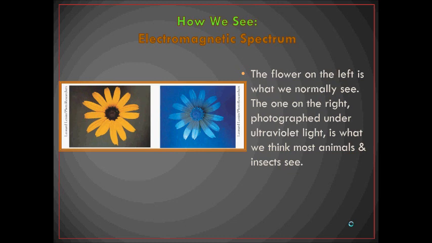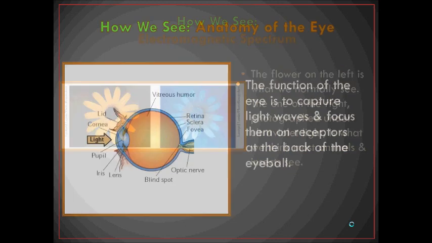You can see there's even a ring around the flower that hardly exists on the flower on the left. So not only can animals and insects perhaps see things with increased detail, but the trade-off is that their range of color is also far more restricted than ours.